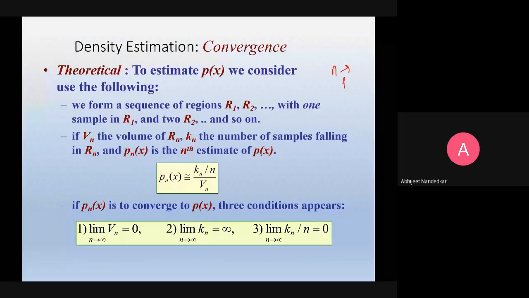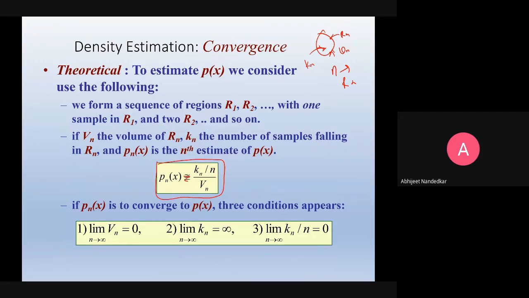If Vn is the volume of the nth region Rn, and Kn is the number of samples falling in this Rn, then the estimate of p of x is Pn of x equal to Kn by n by Vn, which we have seen already.